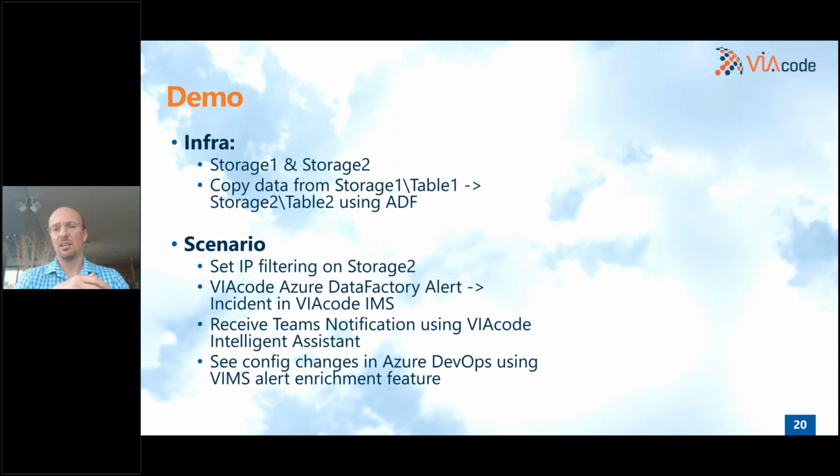In the past, you wouldn't get notified about that, and I'll show you that. What I will demonstrate with VIAcode ADF, Azure Data Factory, is that you will get an alert that will be turned into an incident inside IMS, and then you will get Teams notifications using VIAcode Intelligence Assistance in Teams, so you can start investigating that problem.